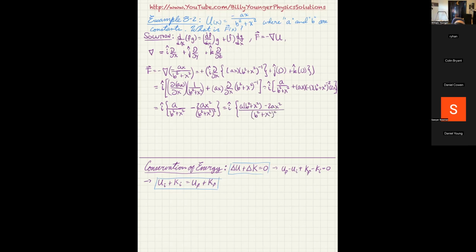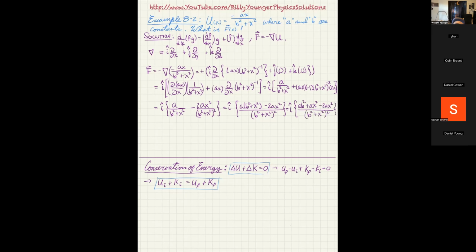Now I can simplify the numerator by distributing. So I get a b squared plus a x squared minus 2a x squared. All of that is going to be divided by b squared plus x squared to the 2 power.